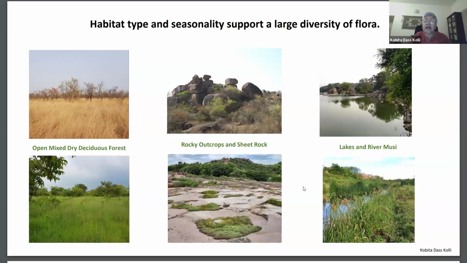So I'll explain as we go along. And then we have the lakes and rivers. I'm talking about the river Musi over here because that's the river in Hyderabad. We have lakes which are perennial, which don't dry seasonally, and then we have the ephemeral lakes which dry seasonally, and we also have marshy areas because of that.